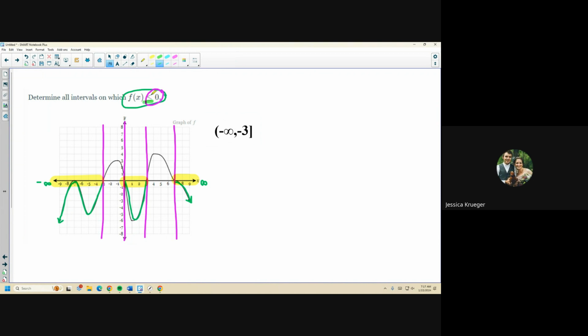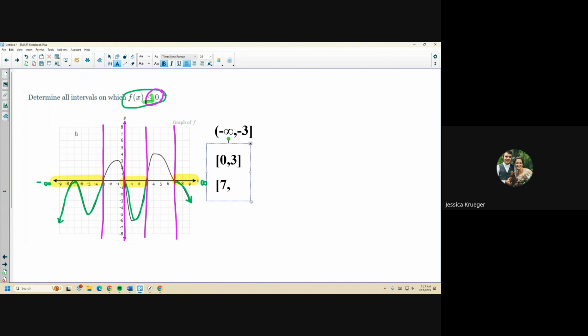And so it's less than 0. And then at -3, it's equal to 0. The next spot where it is less than or equal to 0 is between 0 and 3. And then the last spot is from 7 to infinity.